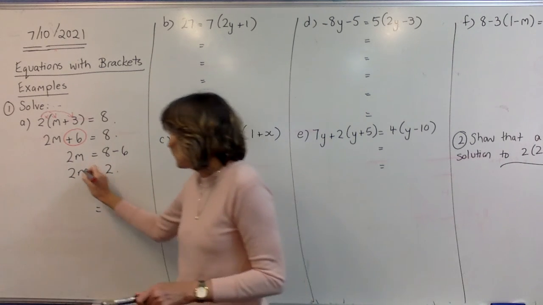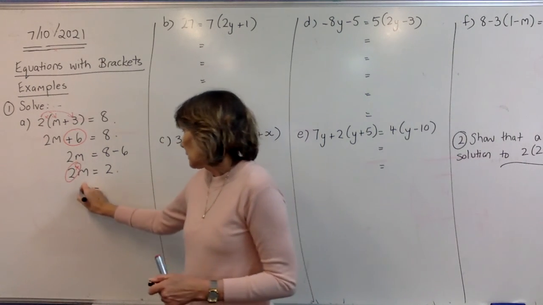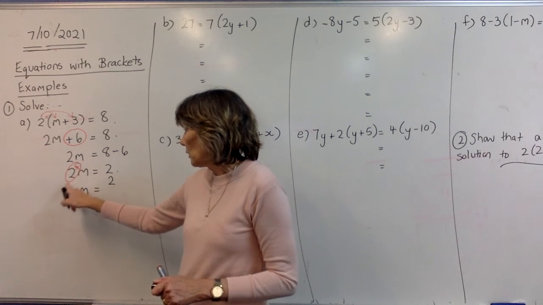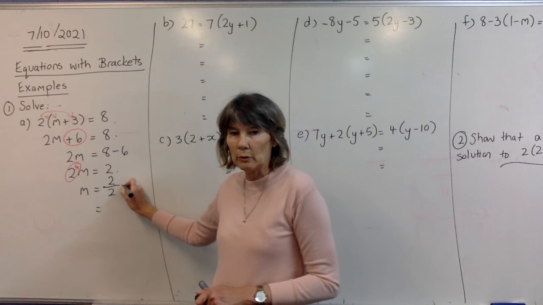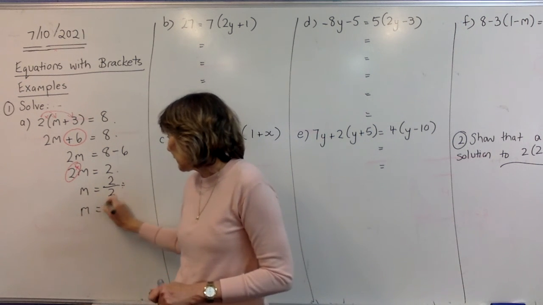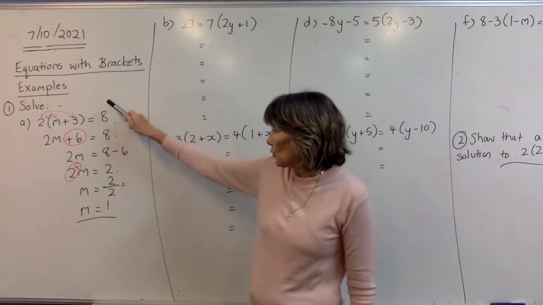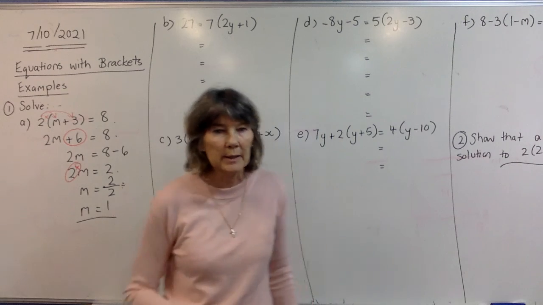Now we're getting rid of the 2 over here so that the m can be by itself. So we're left with m, and over here we've got 2, and we're going to do the opposite of times 2, which is over 2, divided by 2. Now if you use your calculator, that will give you a 1, and you have your answer, m equals 1. Make sure all your equal signs are in line, and we can see our left and our right-hand sides.